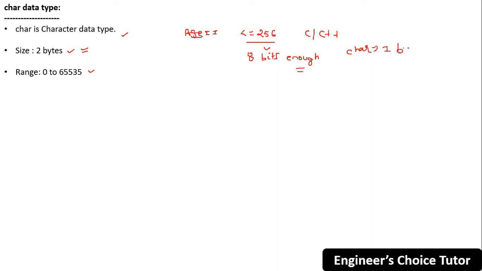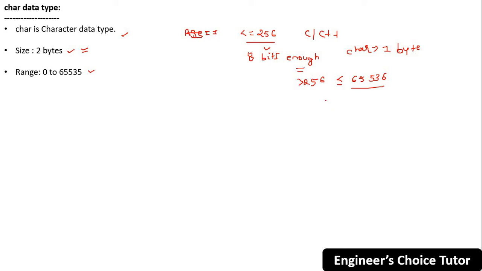But Java is Unicode based, and the number of different Unicode characters is greater than 256 and less than or equal to 65,536.